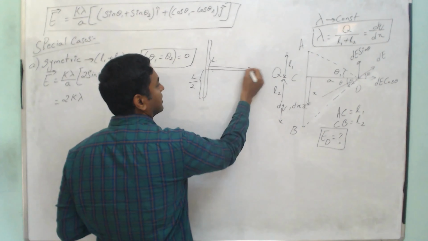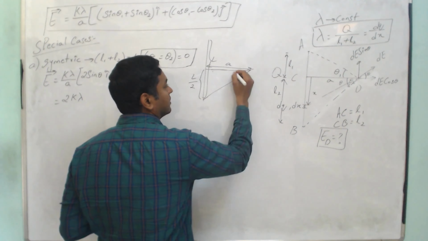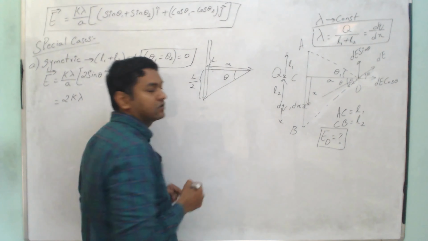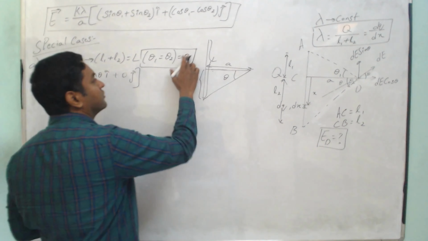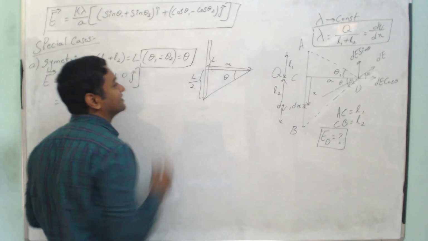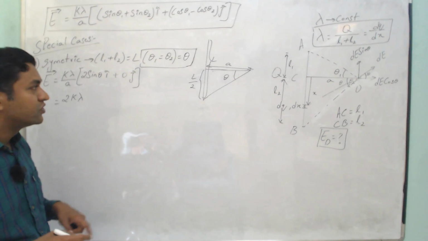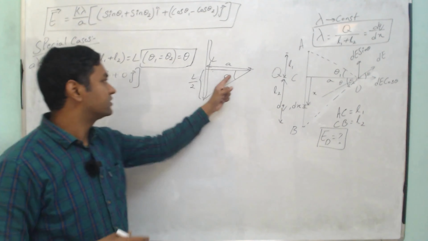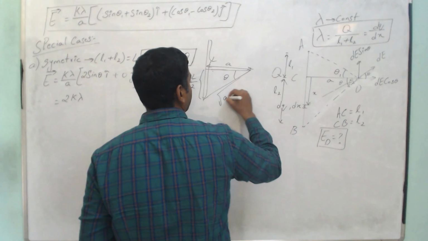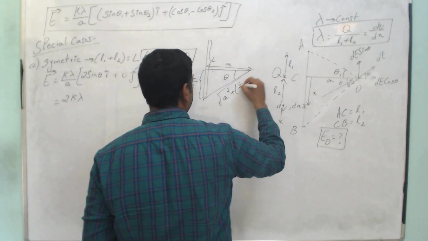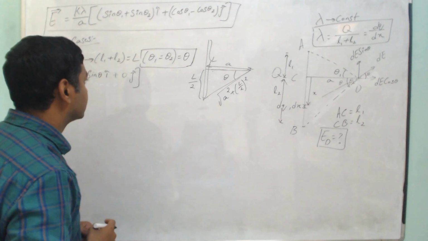This fellow is A, and this is my theta, or theta 1 or theta 2, right? So my sine theta actually from here is what? Opposite over hypotenuse. Is this clear? Yes, sir.